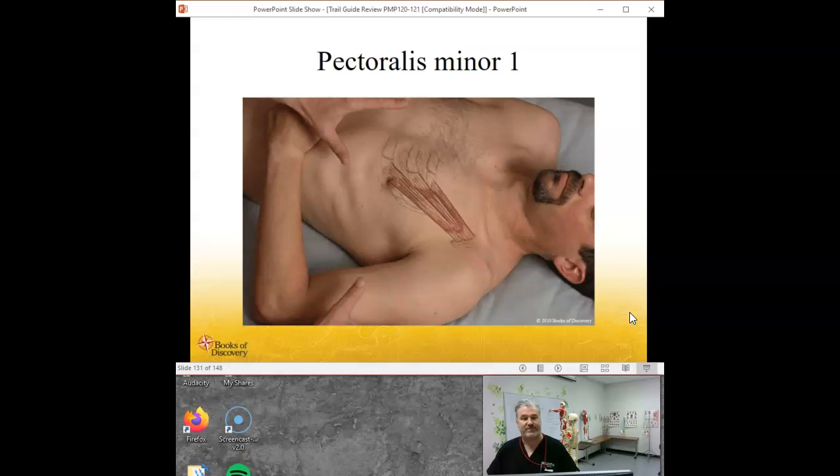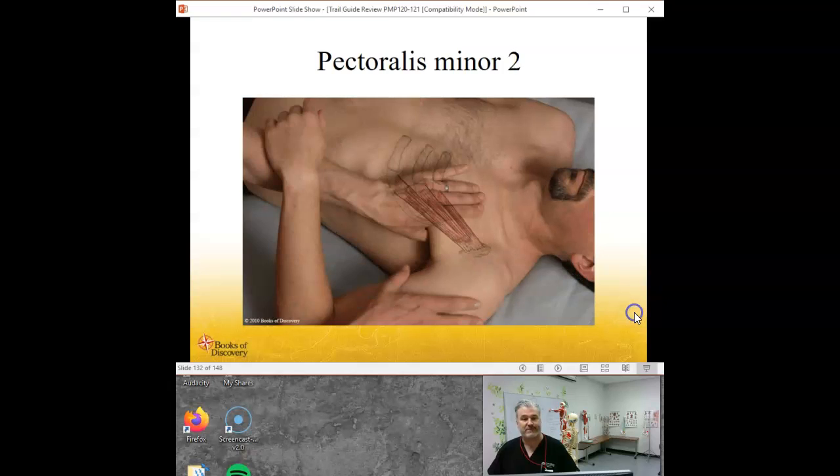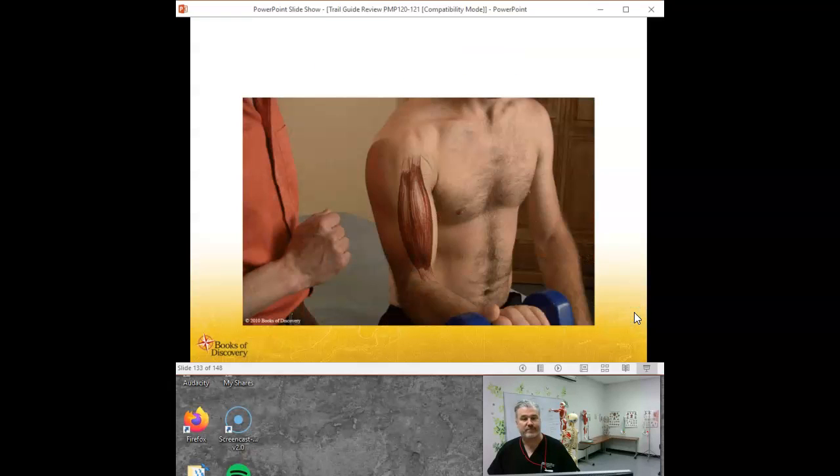Oh, here's pectoralis minor. Beautiful picture. Oh, yeah. What muscle is this? Anybody? Yes, Miss Stanley. Is it biceps brachii?